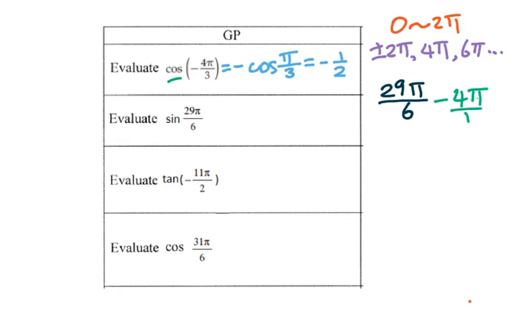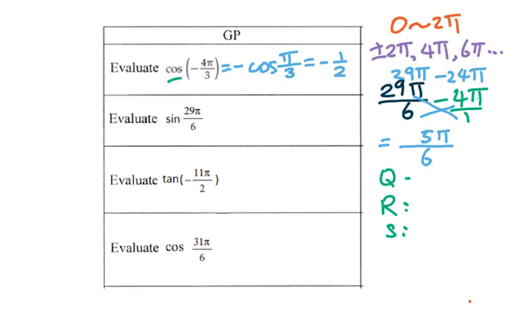Then over 1. You figure out denominator multiplied by is 6. Cross multiply 29 pi. Then this one is minus 24 pi. You will get the 5 pi over 6.